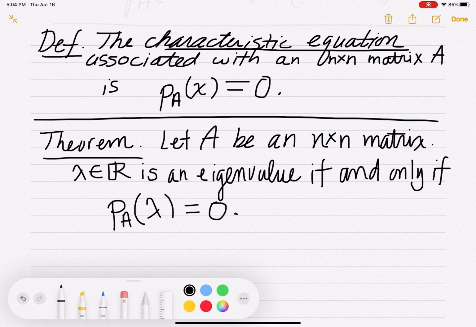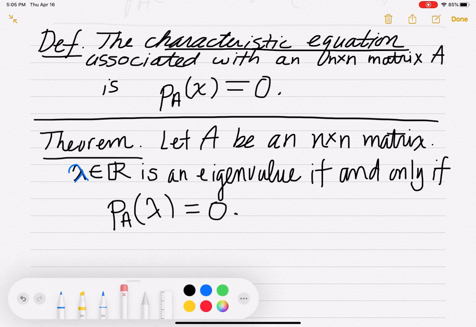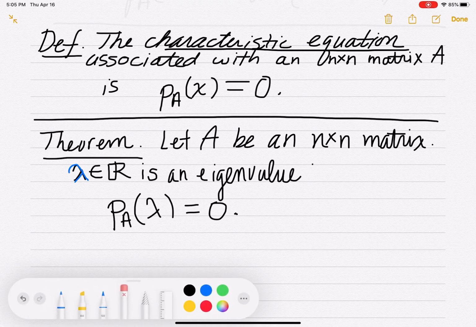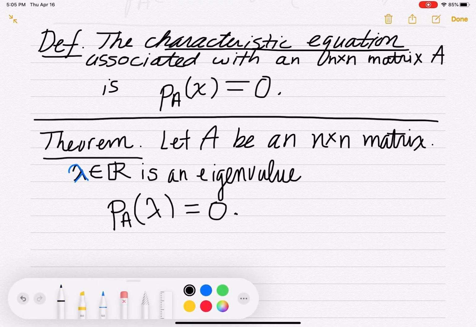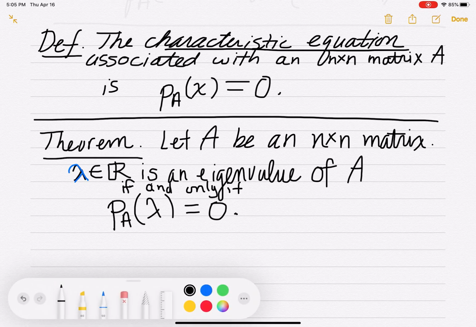So lambda is an eigenvalue of A if and only if lambda satisfies the characteristic equation.